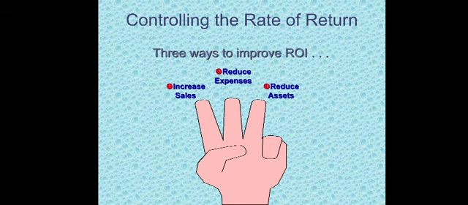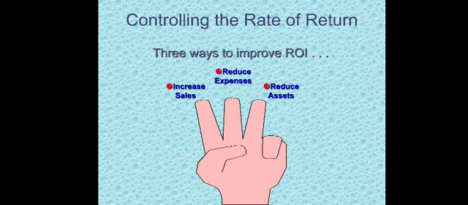So if there are two responsibility centers, one center has 16% ROI, another one has 18% ROI. The one with higher ROI is better in terms of performance.